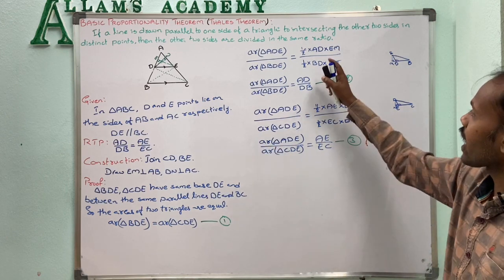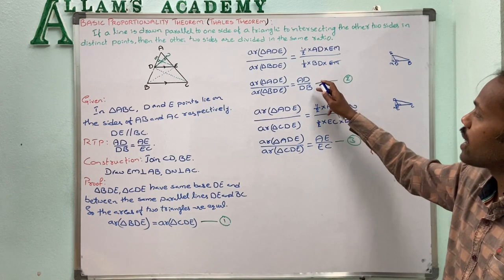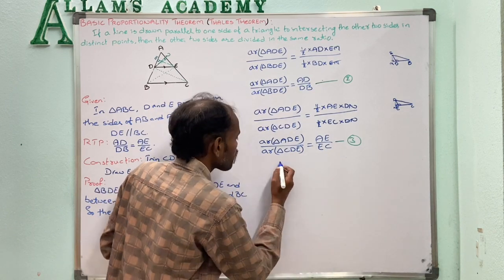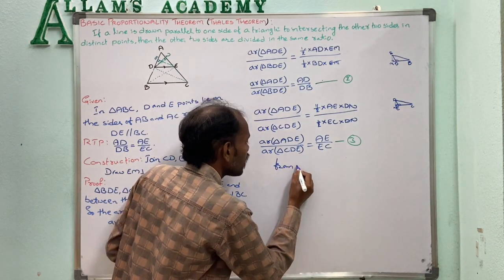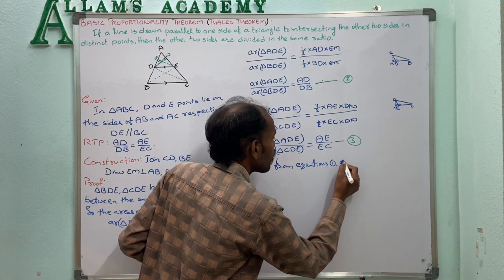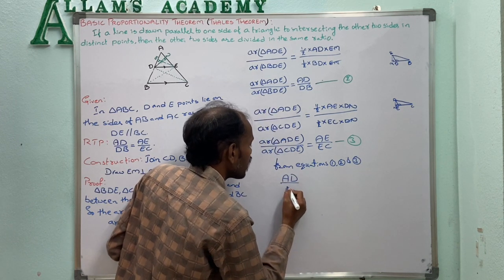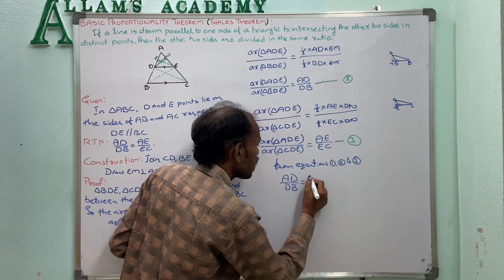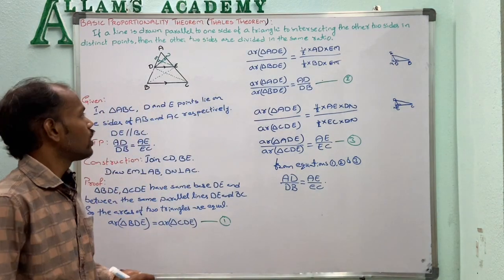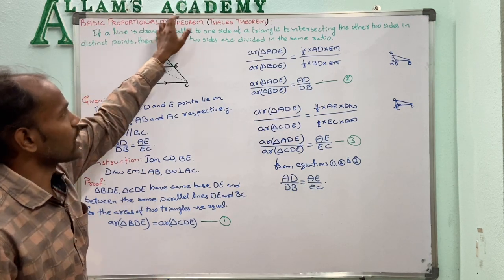So the right sides are also equal. That means AD by DB is equal to AE by EC. So from equations 1, 2 and 3, we conclude that AD by DB is equal to AE by EC. So we get the required result. It is the basic proportionality theorem.